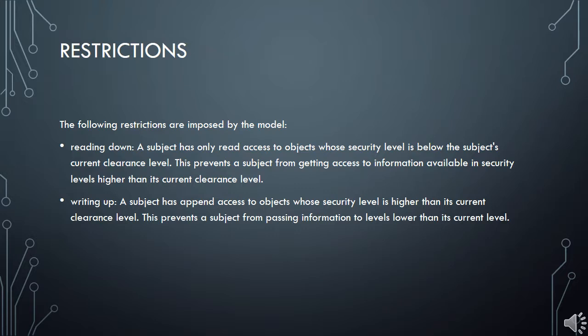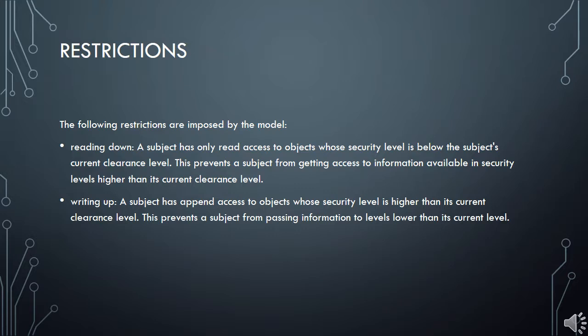The first, reading down. A subject has only reading access to objects whose security level is below the subject's current clearance level. This prevents a subject from getting access to information available in security levels higher than its current clearance level.